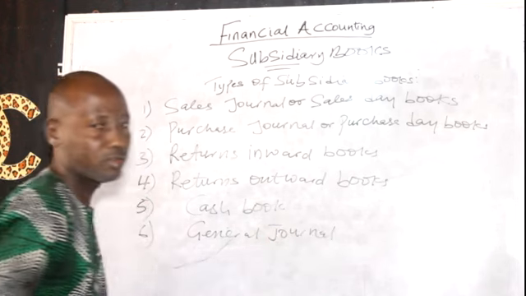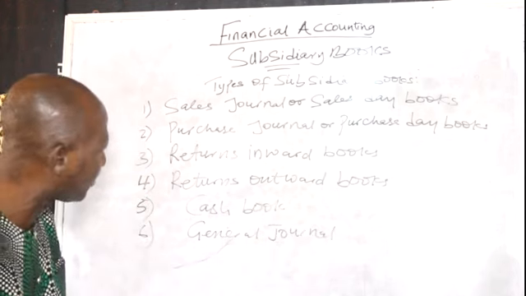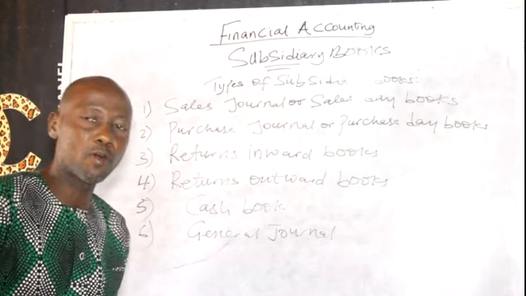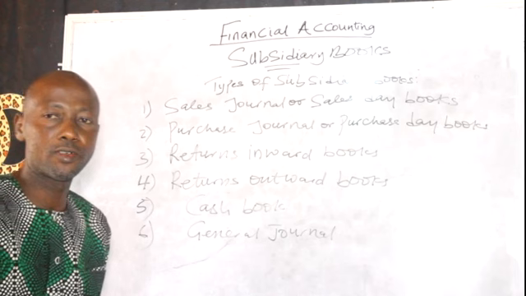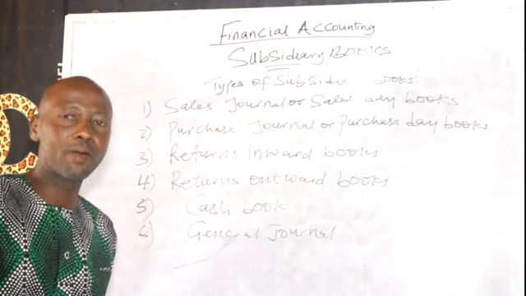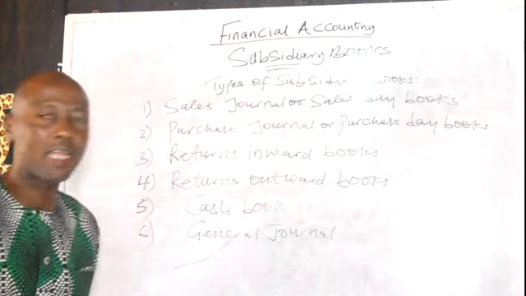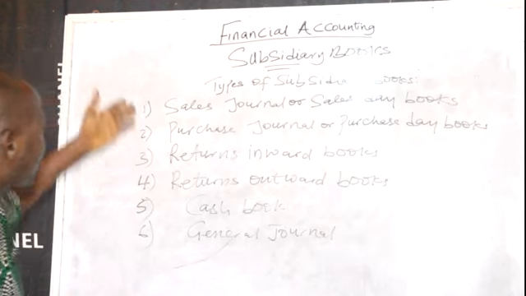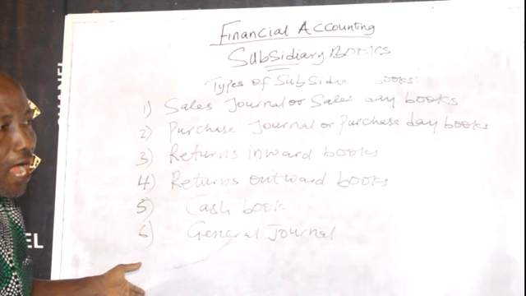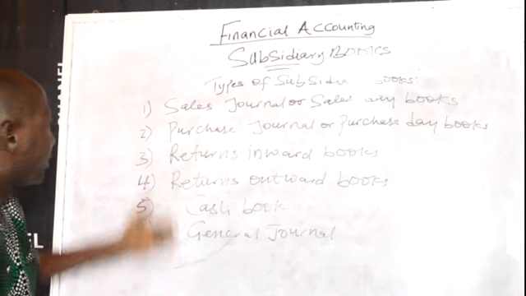All these itemized on the board are the types of subsidiary book that we have. Or in your exam they might ask you, what are the books of original entry? It means the 6 itemized on the board are the books of original entry.